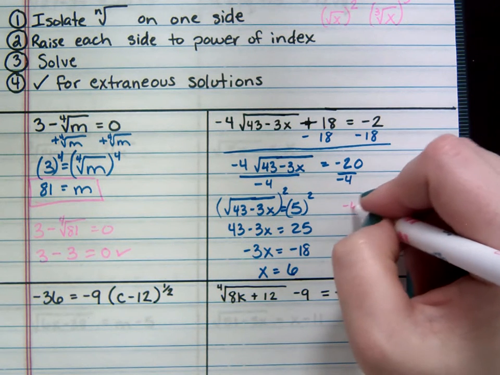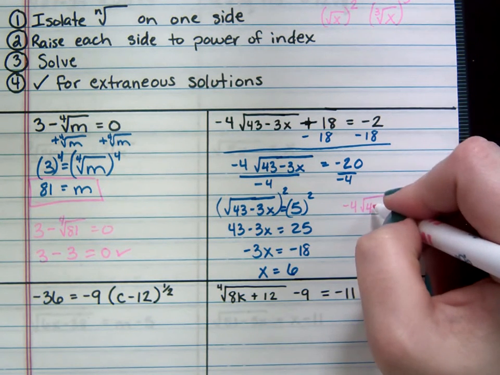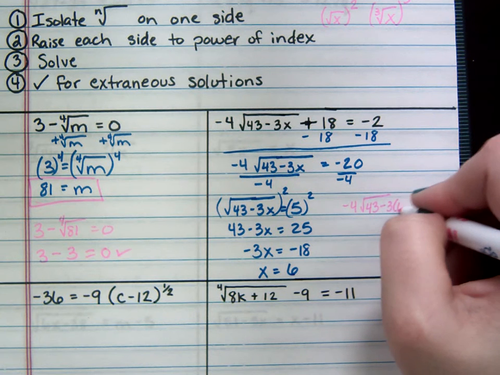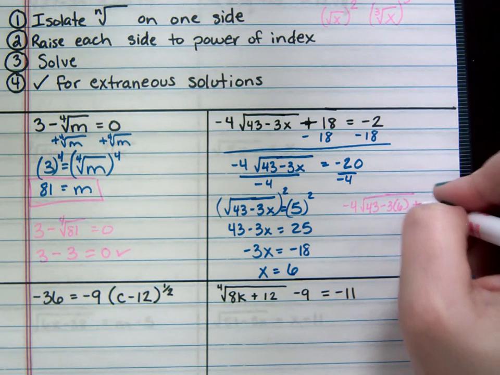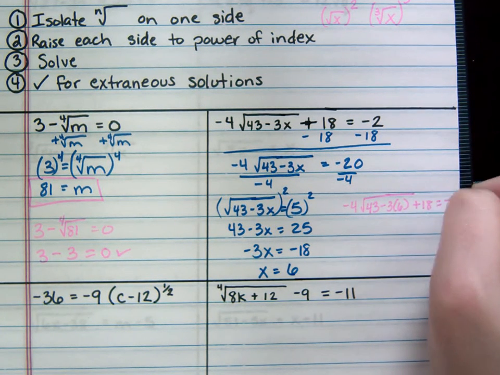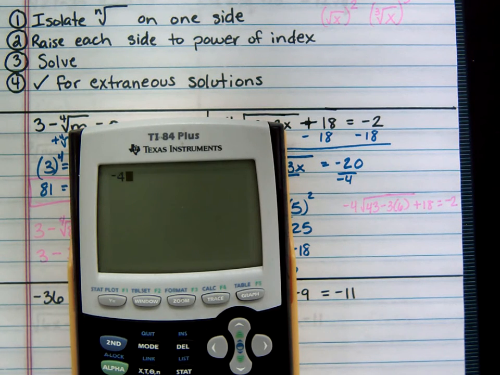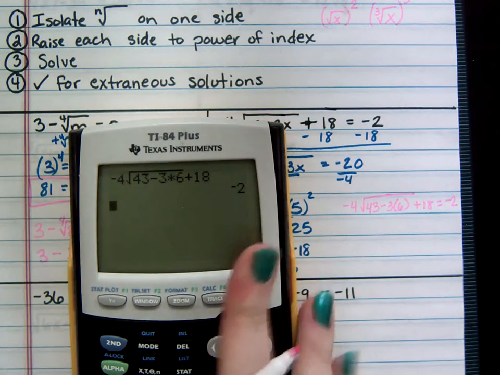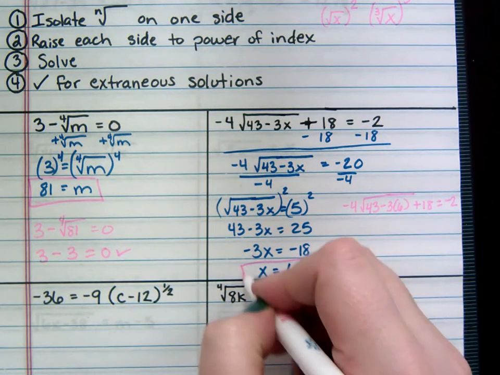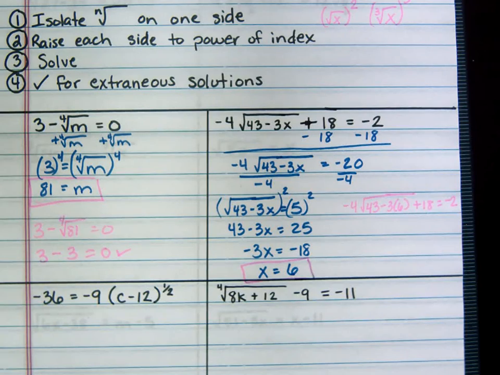So if I do -4 square root of 43 minus 3 times 6 plus 18, I should get -2. And I'm just going to take a shortcut here. -4 times the square root of 43 minus 3 times 6 plus 18 does give me -2. So this one checks out, meaning x equals 6 actually is our answer.